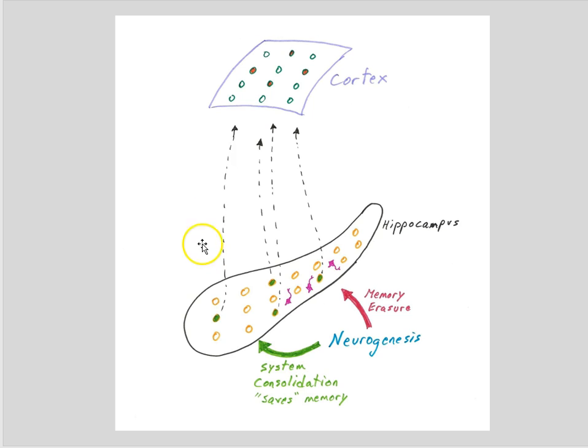If the system consolidation is effective, then the hippocampus can tolerate the disruption caused by the new neurons. In other words, the brain is kind of having its cake and eating it too. It's preserving the older memories up in the cortex and preparing the hippocampus for new learning. Again, neurogenesis may help to preserve old memories by triggering system consolidation, but it's also preparing the hippocampus for new memories.